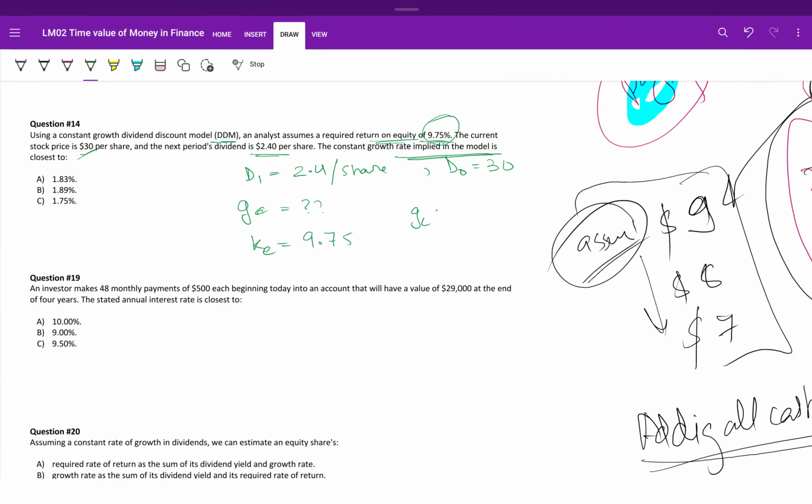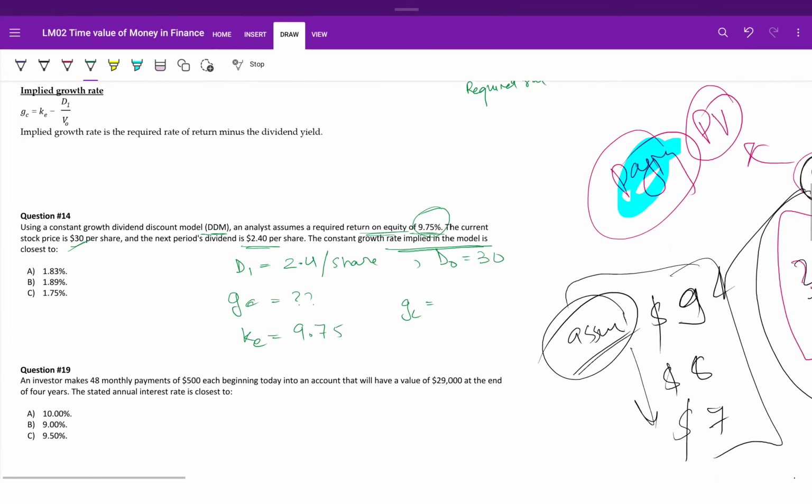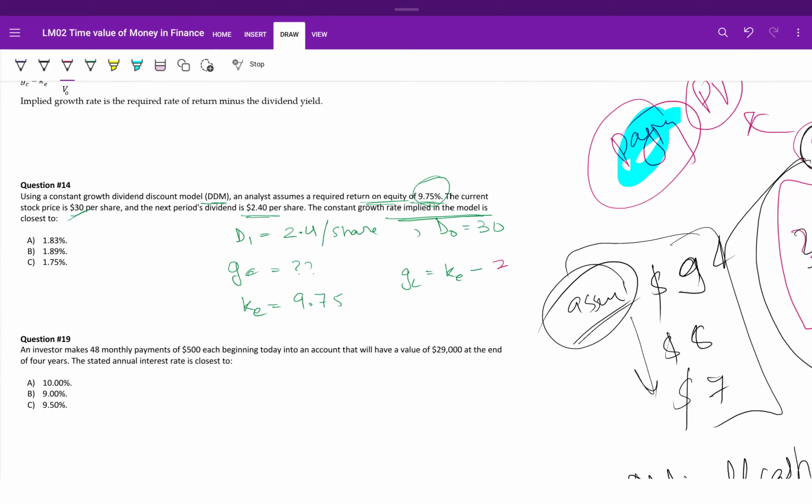The growth constant g is going to be the cost of equity minus... not 30, my bad, let me fix this. The dividend at time one is 2.4, and this is going to be divided by 30.